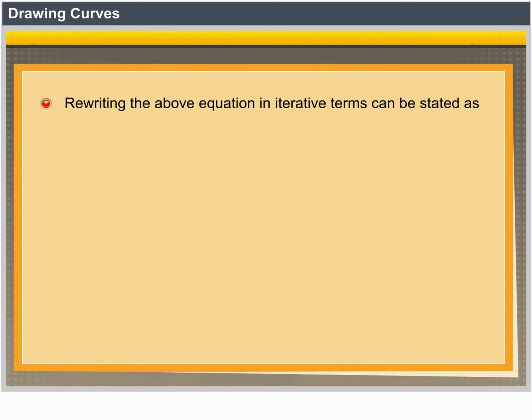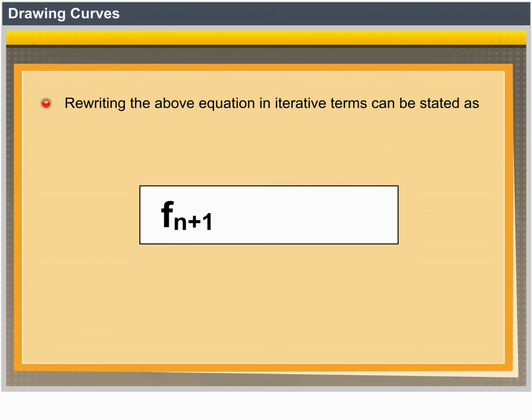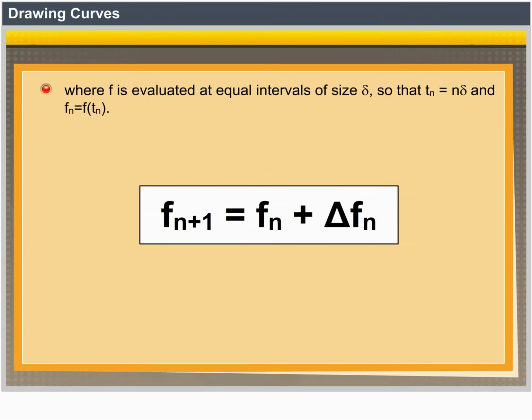Rewriting the above equation in iterative terms, we have f of n plus 1 equals f n plus delta f n, where f is evaluated at equal intervals of size delta so that t n equals n times delta and f n equals f of t n.